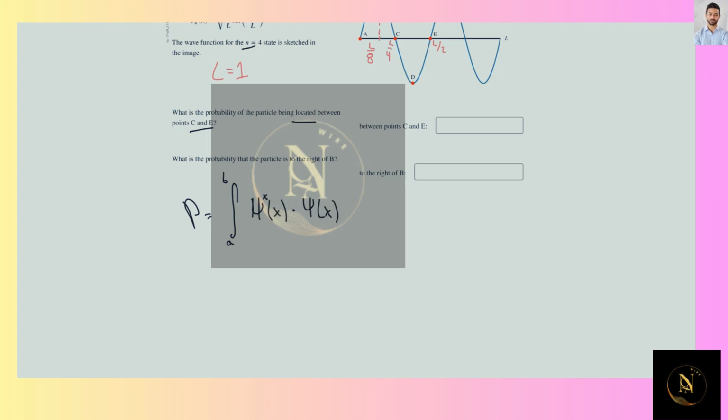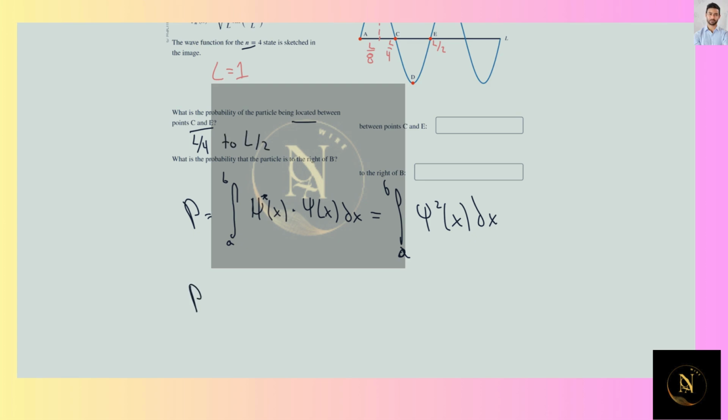In this case, the wave function is real, so we can take directly the integral from a to b of phi squared of x dx. For points C and E, the limits are from L over 4 to L over 2.